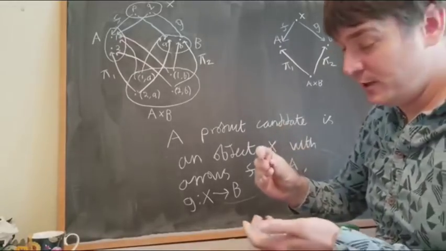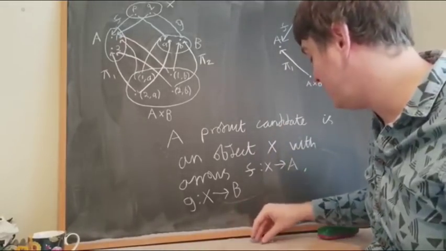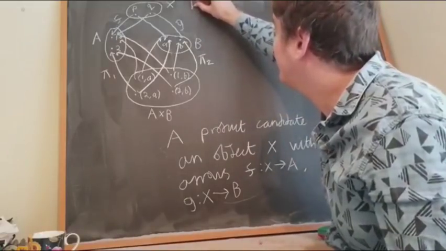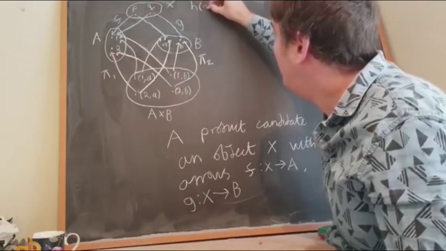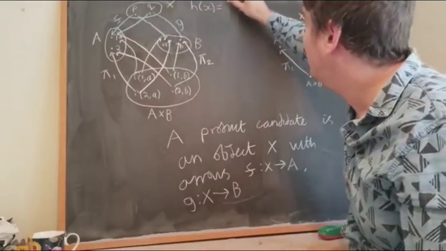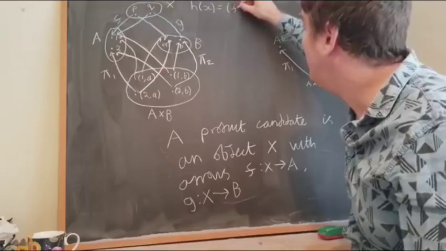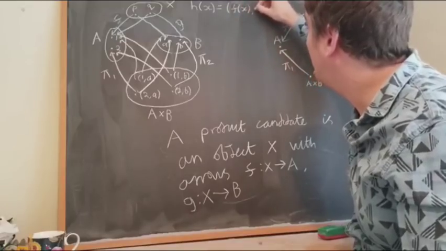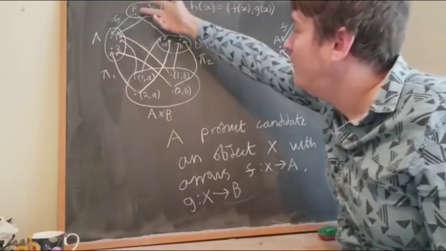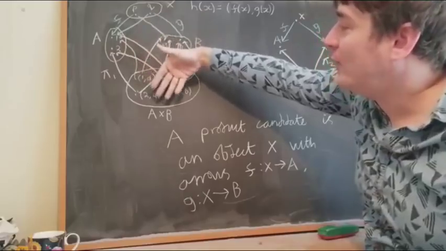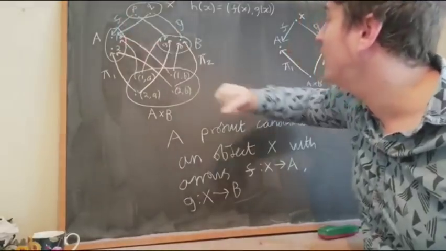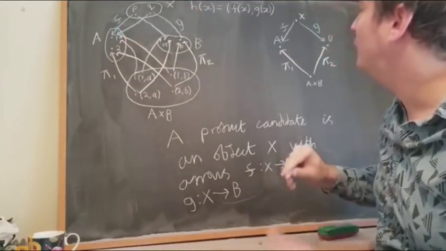Well, it's going to be a function h, and the way it's going to be defined is it's going to send an element of x to the element f of x, g of x. That way, this thing here is going to get sent to f of x, g of x. When we project its first component, we're going to get the same result as doing f. And similarly with g. So let's draw that.